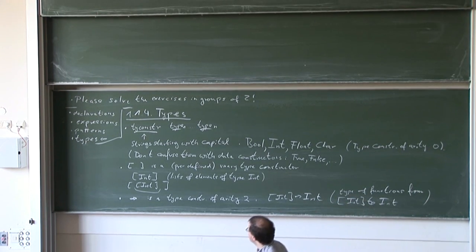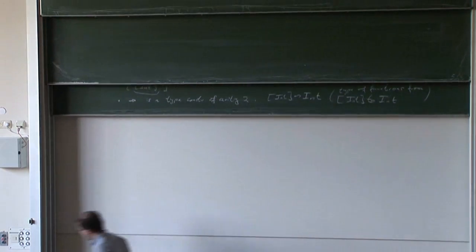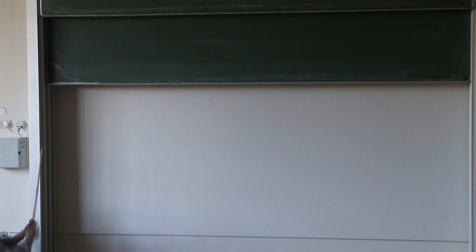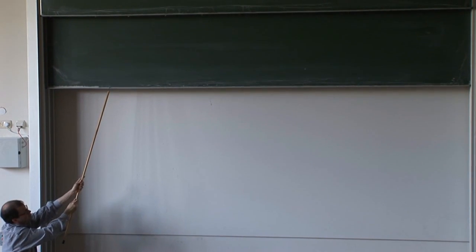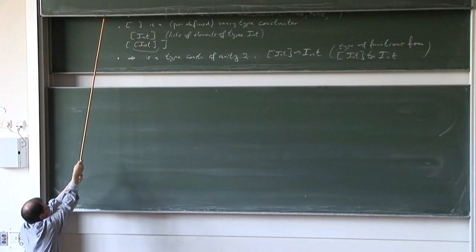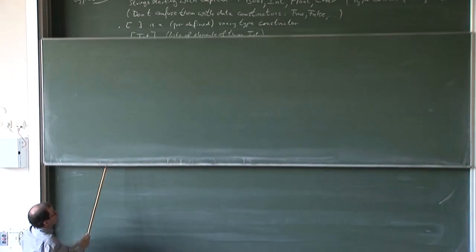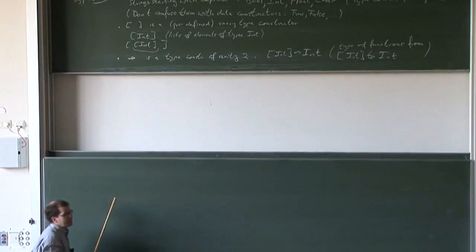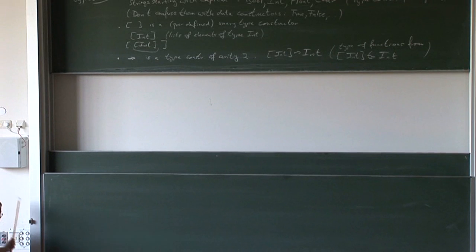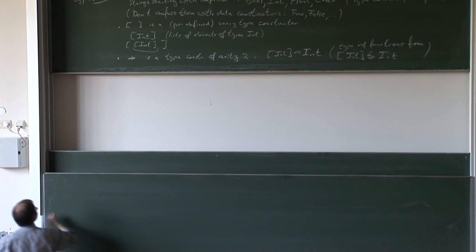And now, the last predefined type constructor that we also already know has arbitrary arity. So this last type constructor takes arbitrarily many types and makes one new type out of them. And this is the constructor which simply puts round brackets around the input types.